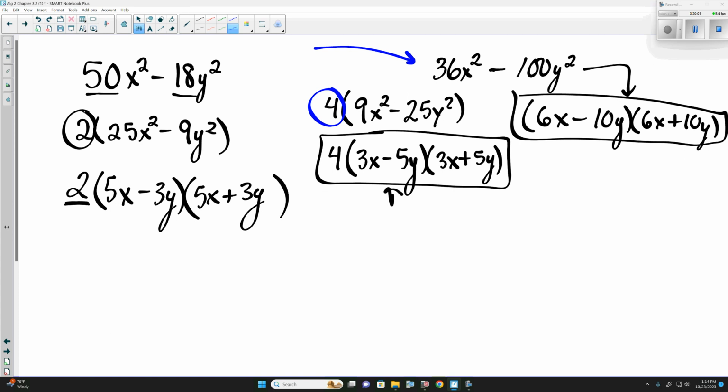What times itself is 2? Well, 2 is not a perfect square. There's not something that multiplies by itself to give us 2. Is 4 a perfect square? Yeah, 2 times 2. That's why it worked with 4, because that perfect square was evenly distributed between the two parentheses, and it worked. Where 2 could not. We couldn't do that. That's why it didn't work.